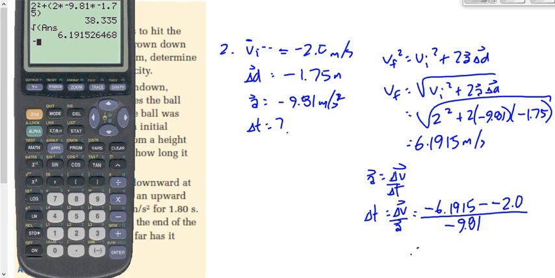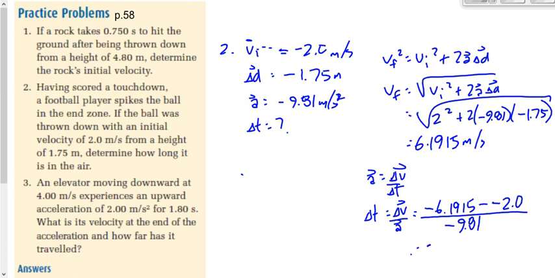So -6.19, subtract -2, divide that by -9.81, and I get a value here of 0.427 seconds.